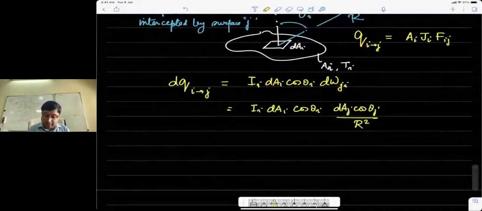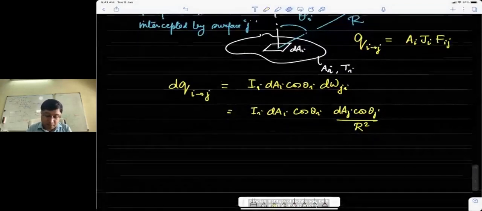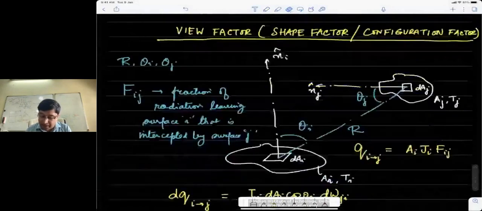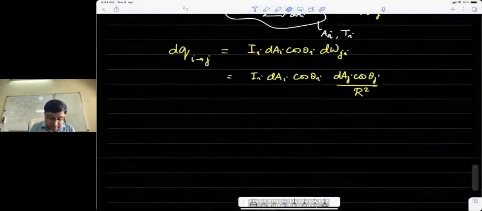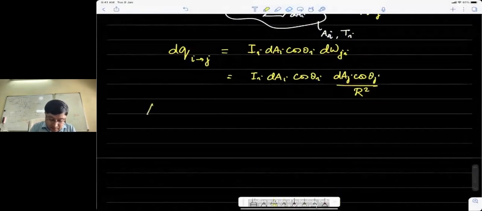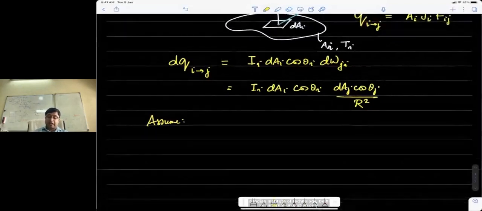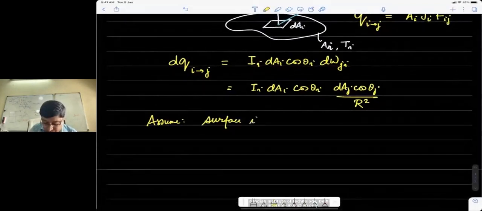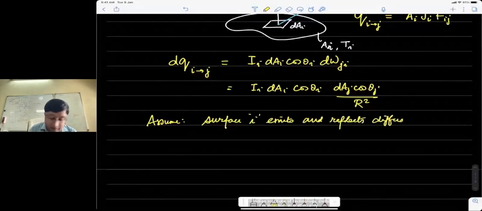The second assumption that I'll make, apart from the fact that the medium is non-participating, is that surface I emits and reflects diffusively.